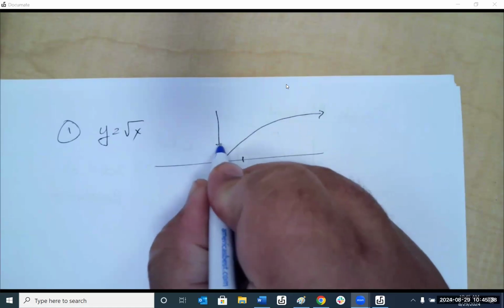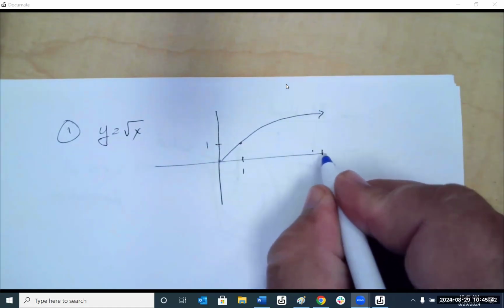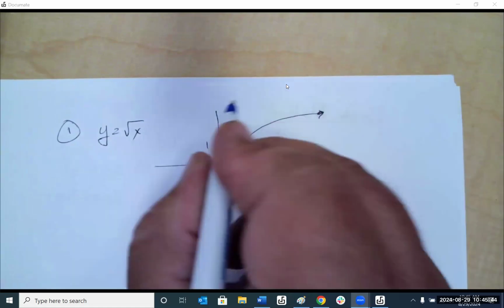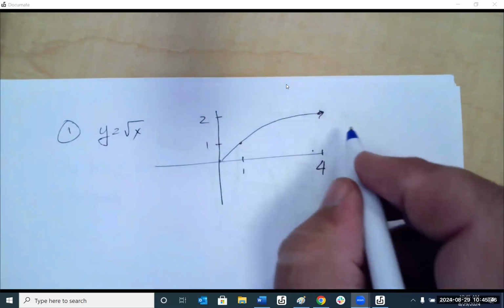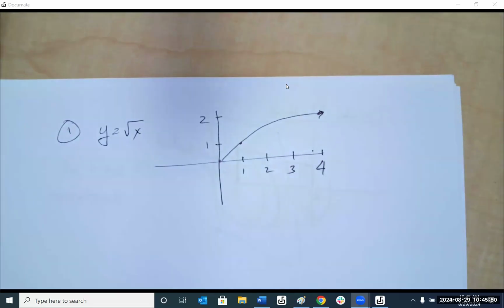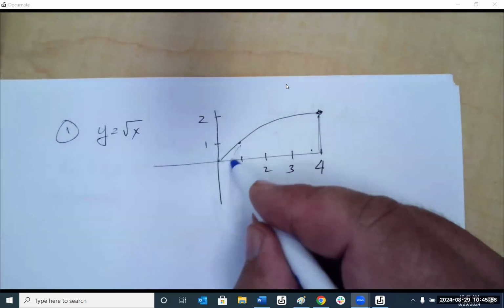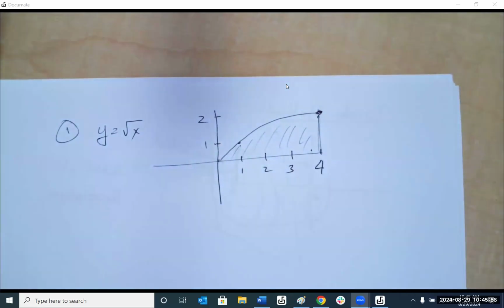When x is 1, y is 1. When x is 4, y is 2. And it's saying we're going from 0 to 4, so we have this part here we're looking at.